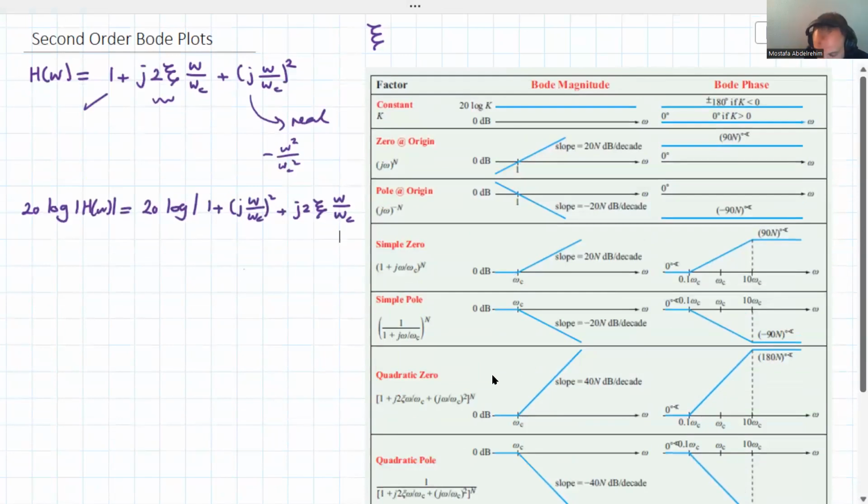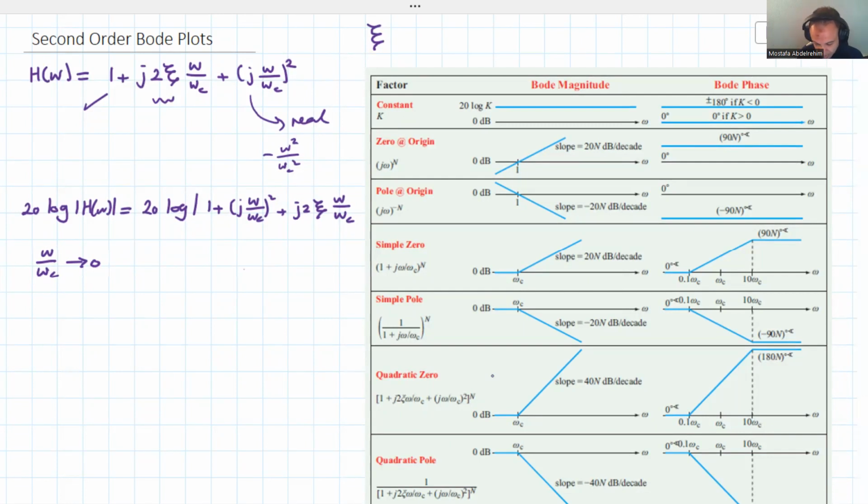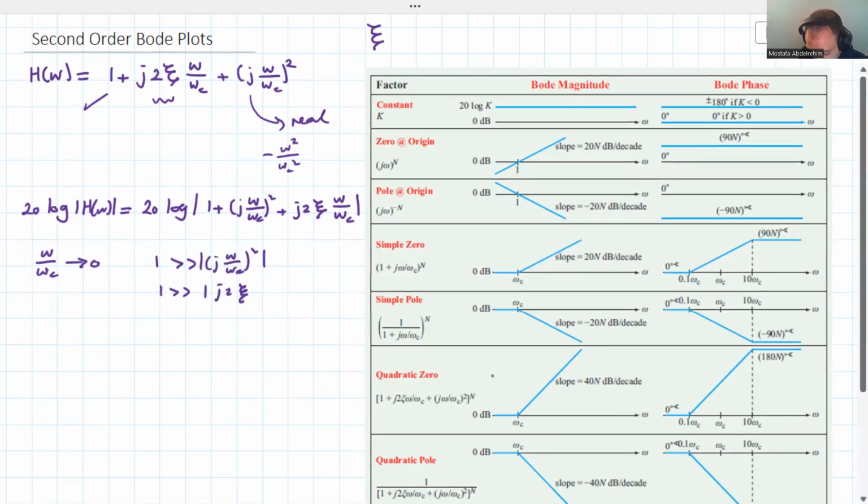So how does it come? Basically, if omega over omega c tends to 0, like omega less than omega c, very small, we can take the limit of that magnitude here. In that case, 1 will be much bigger than the magnitude of j omega over omega c, of course. And 1 also will be much bigger than the magnitude of j 2 zeta omega over omega c.